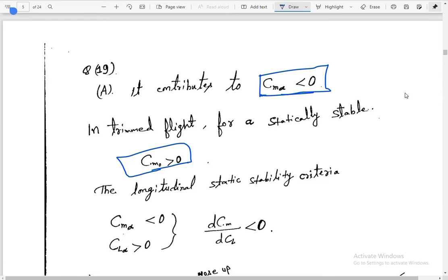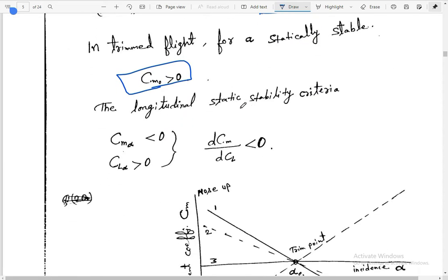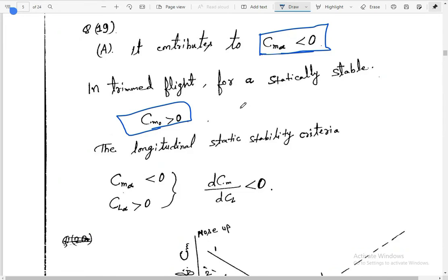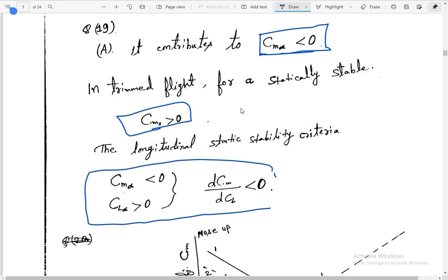And the longitudinal static stability criteria is Cm alpha less than 0, and Cl alpha, lift coefficient at angle of attack, must be greater than 0, and dCm by dCl is less than 0. So these are the criteria for longitudinal static stability. These are for trimmed flight, and this is actually the option for question number 19.